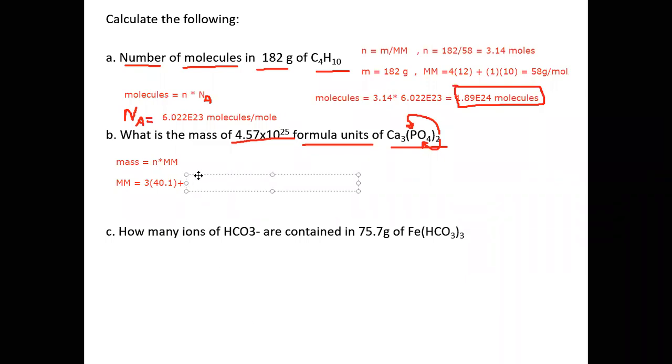So this becomes 2 phosphorus times 31 plus 8 oxygen times 16. That 4 times 2, we have a total of 8 oxygen. So now we have a molar mass of 310.3 grams per mole.